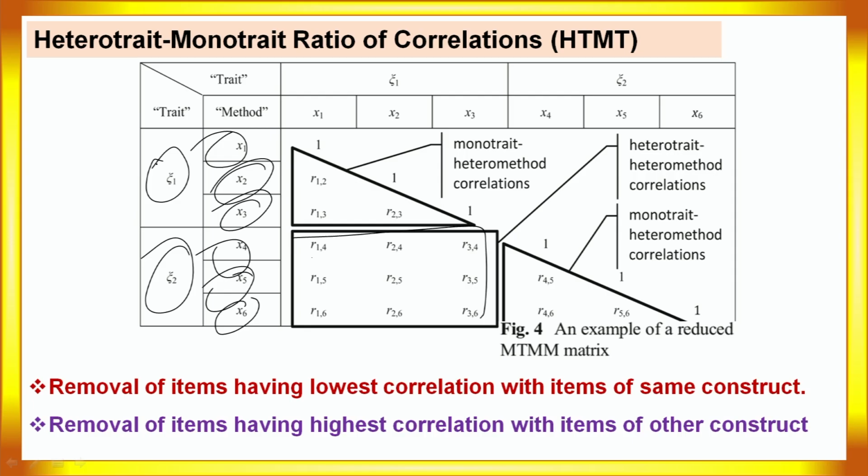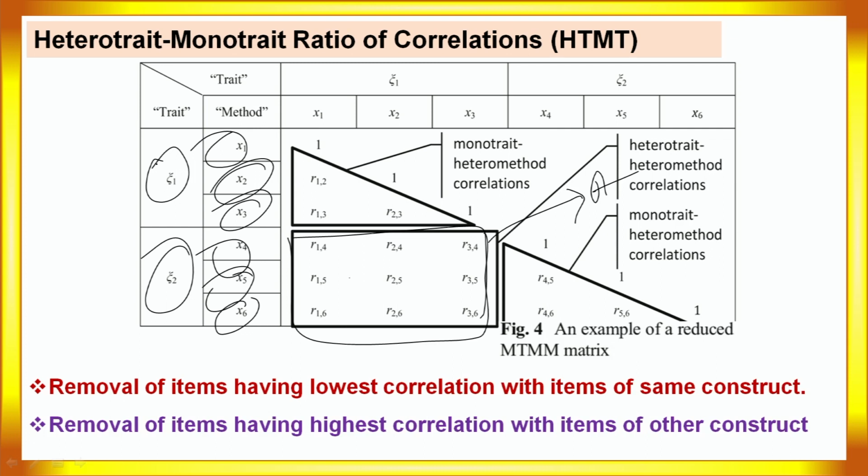This square shaped area is known as A, or technically the heterotrait-heteromethod correlation, because the correlation values in this area represent not only different dimensions, but also different items.